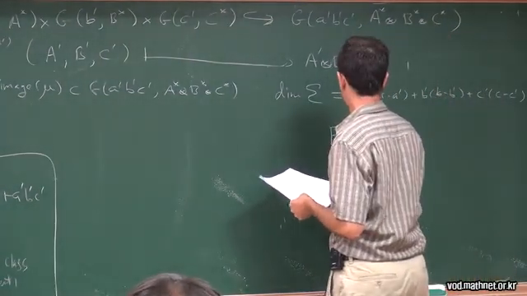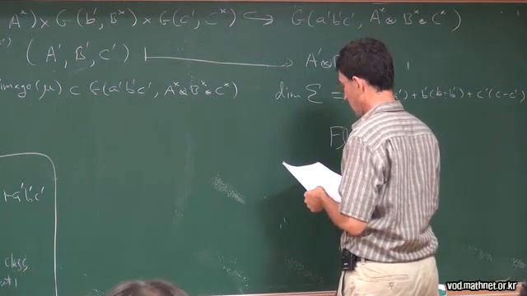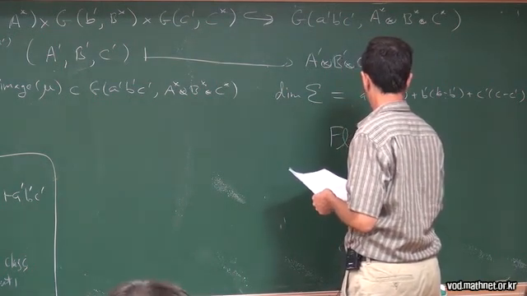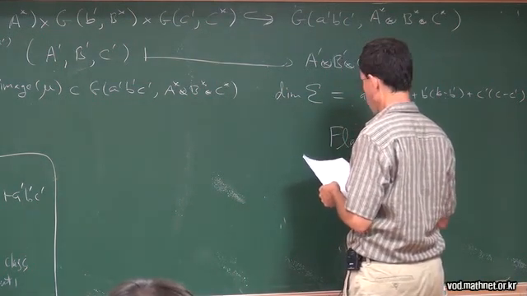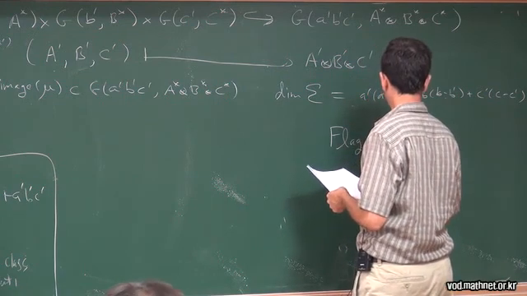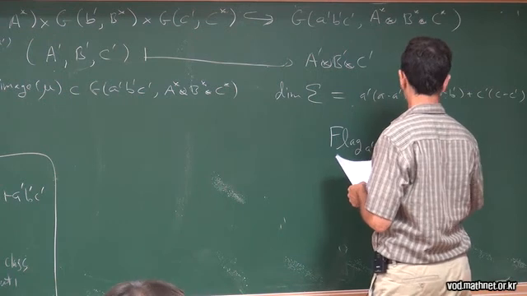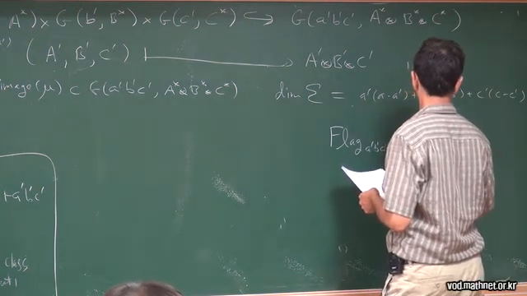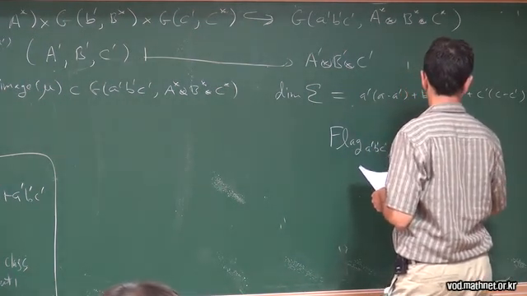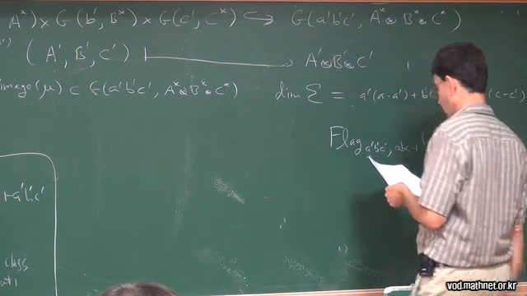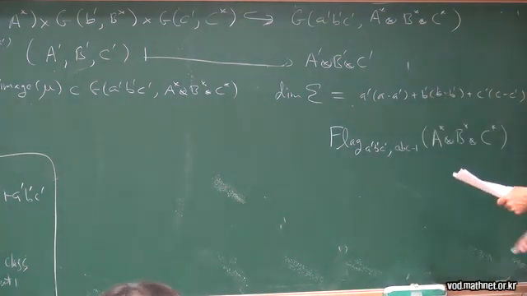So consider the variety of flags of size A'B'C' contained in the hyperplanes inside this space. So this has two projections.